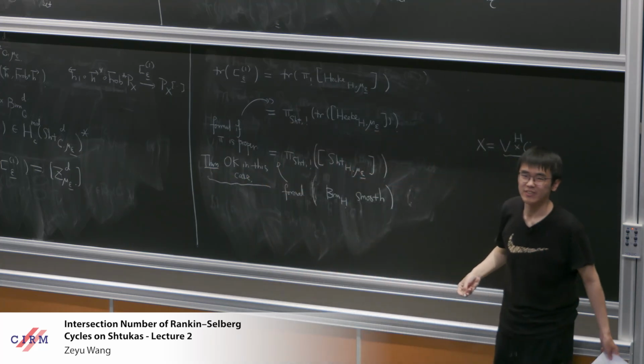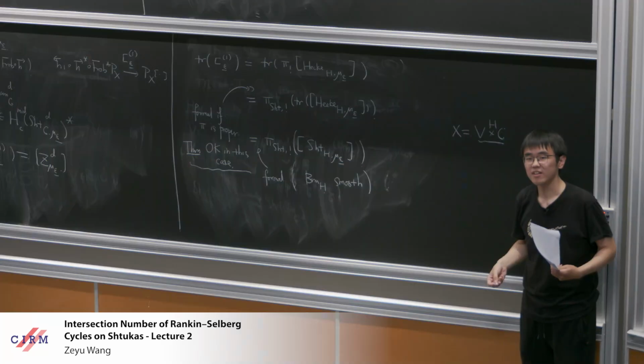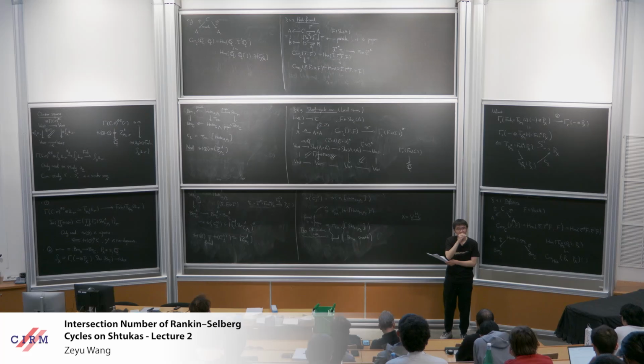Another related question is, your constructions are by nature cohomological, so you get the classes of the cycles in cohomology, but these classes came from some cycle. Yeah, exactly. Is there a motivic variant? I don't know.